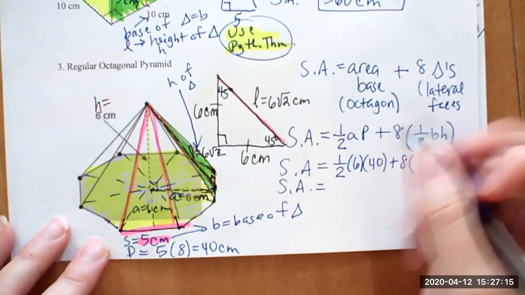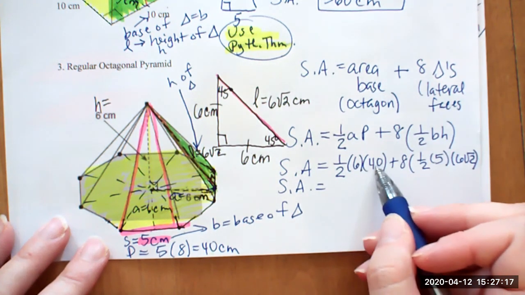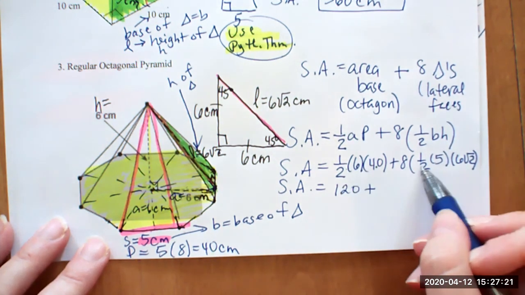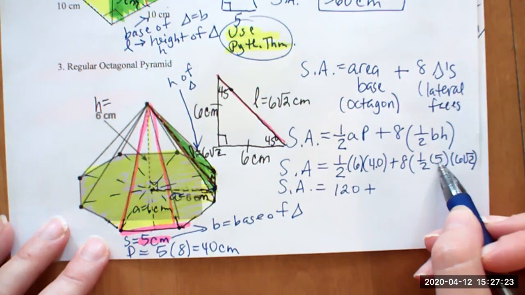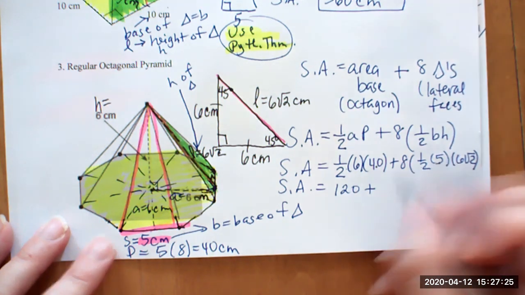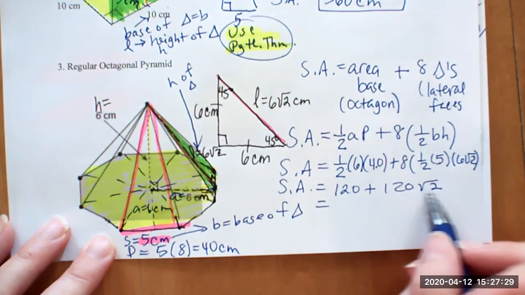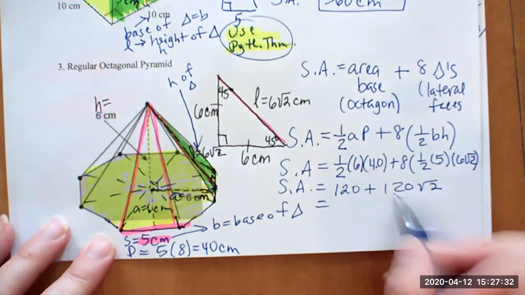Basically, 6 times 40 is 240, half of that is 120. If I multiply this out, 4 times 5 is 20, times 6 is 120 square root of 2. Make sure, order of operations wise, you multiply here first.